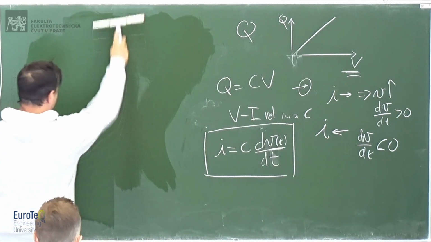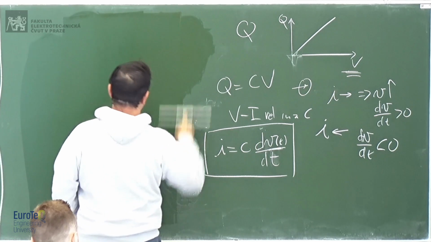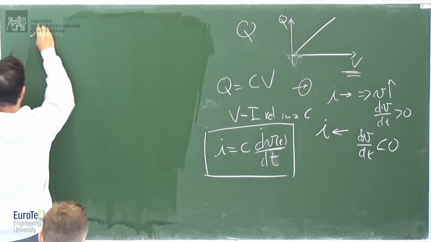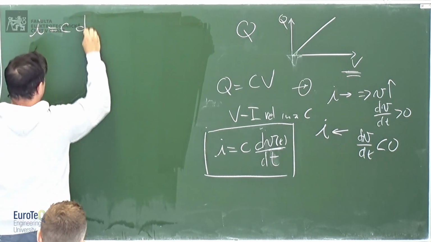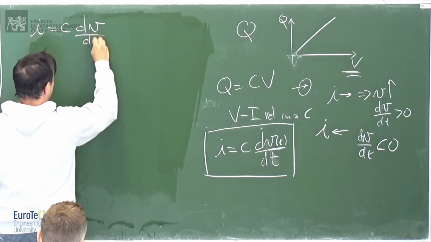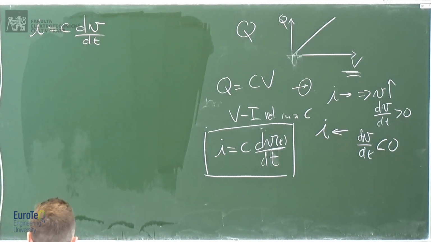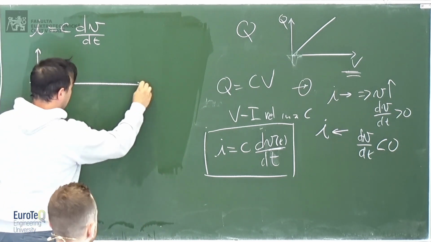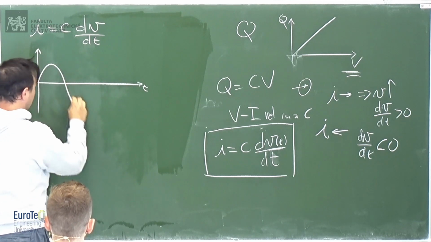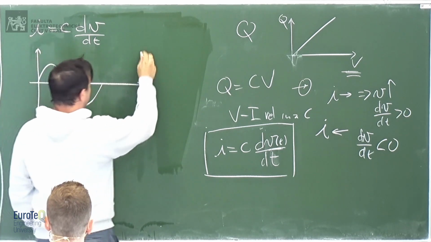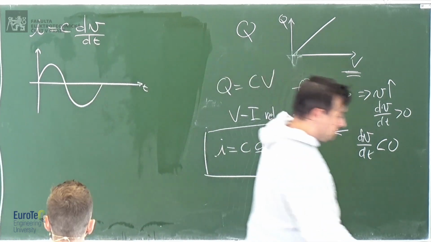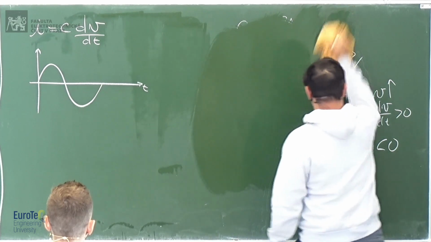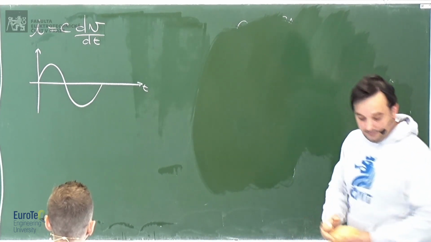So let's say that we have this nice equation we derived. We know that the current is the capacitance times the derivative of voltage in time. Let's say that we have a current which is a sine wave.